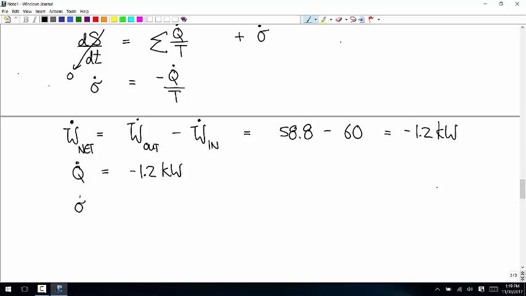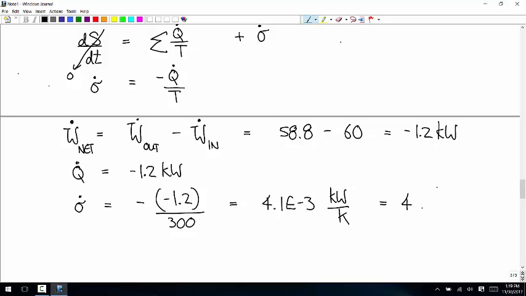And so sigma dot is equal to negative of negative 1.2 kilowatts divided by the temperature at the boundary, 300 K. And you get a value of 4.1 times 10 to the minus third kilowatts per Kelvin, or positive 4.1 watts per Kelvin.